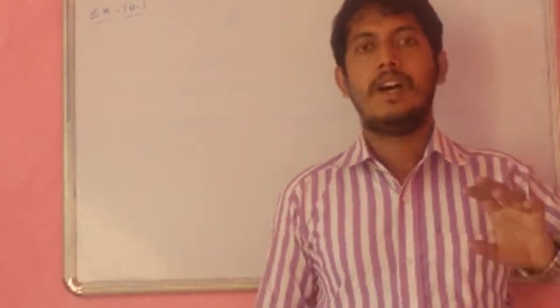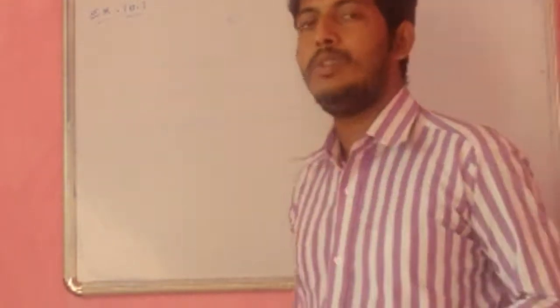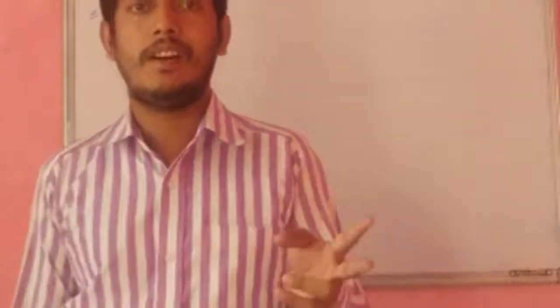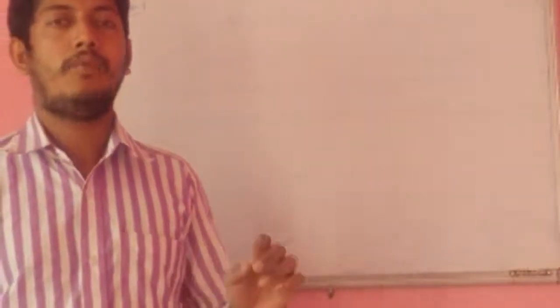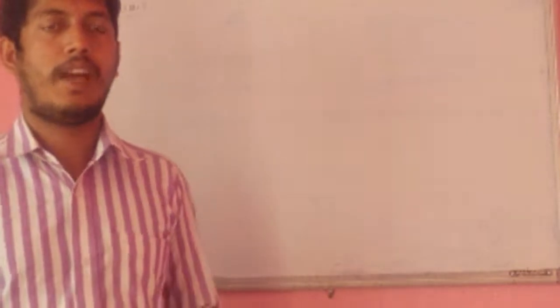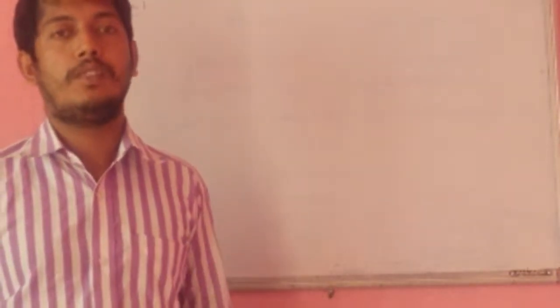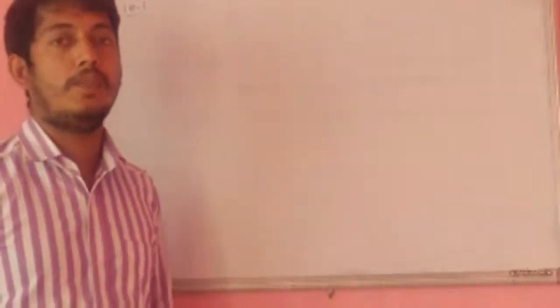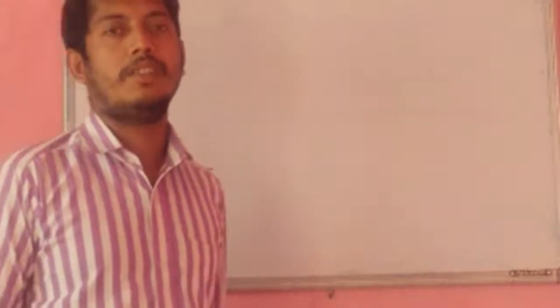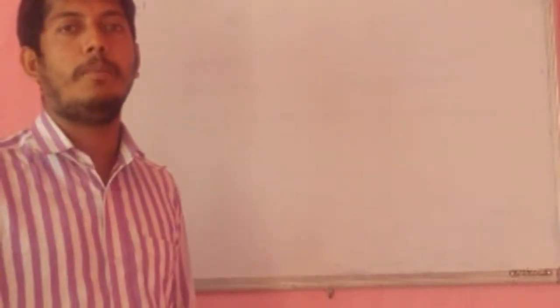So here the mass of the earth is given, mass of the moon is given, the distance between earth and moon is given, and the value of the gravitational constant is given. Now you have to find out the force that binds the earth and the moon. For that we have to consider F equals G into Mm divided by d square.